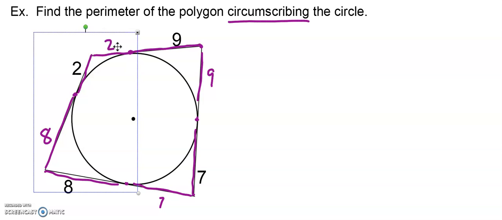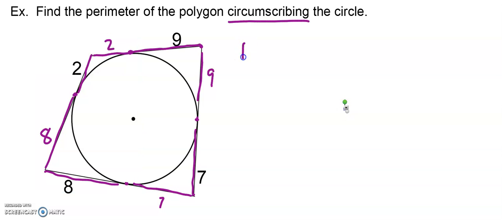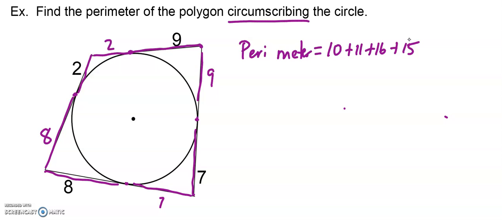Now to find the perimeter, again, the perimeter is just the lengths of all the sides added together. So I'm going to have a perimeter of, let's see, I've got 10 plus 11 plus 16 plus 15, right?